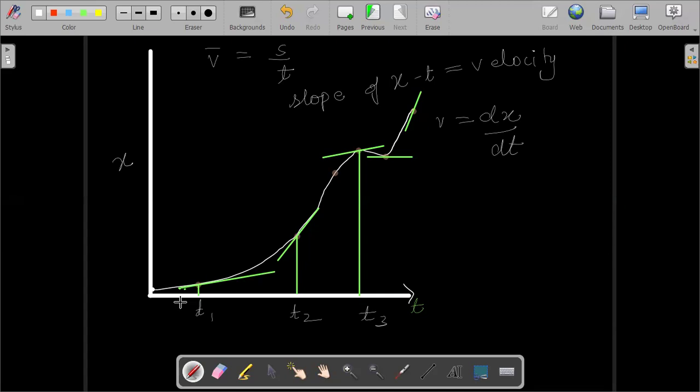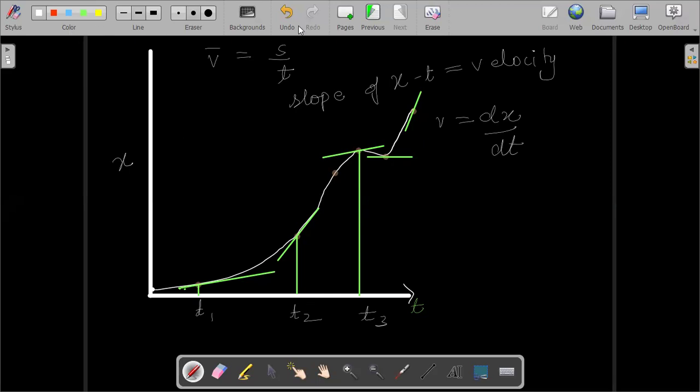Slope means the tilt. So the tilt or the slope is maximum at this point t2. What about the point t3? If I compare t1, t2, and t3, which one has the greatest slope? T3? No. T2 has the greatest slope.